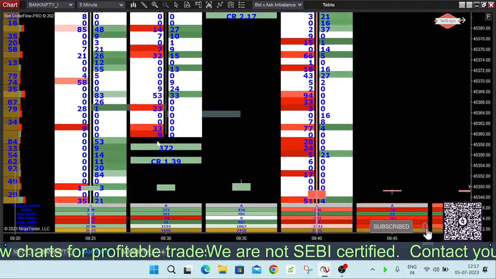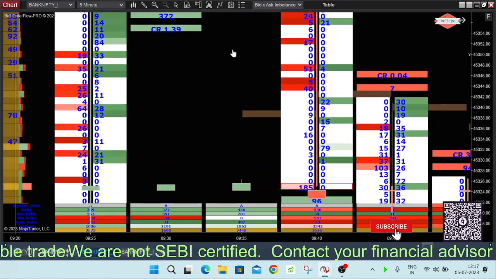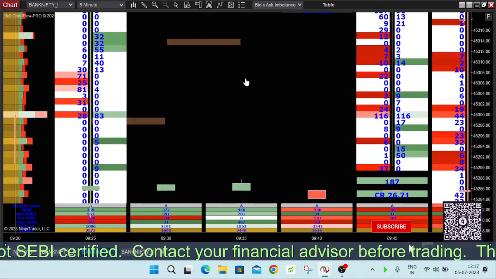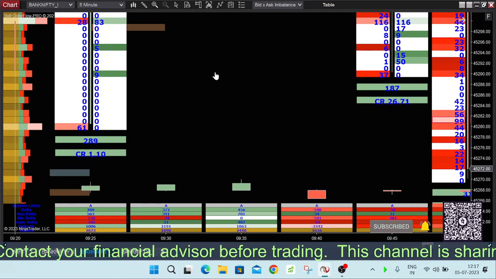And the same here, it was 372. The previous candle was, this is the first 5 minute candle, second 5 minute. Although it is very volatile, 289.